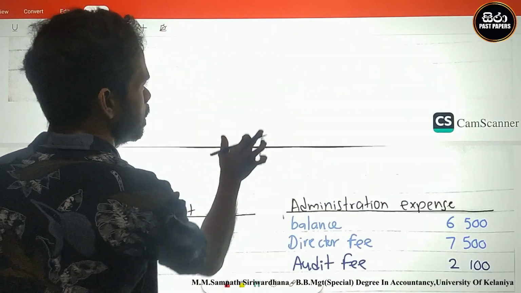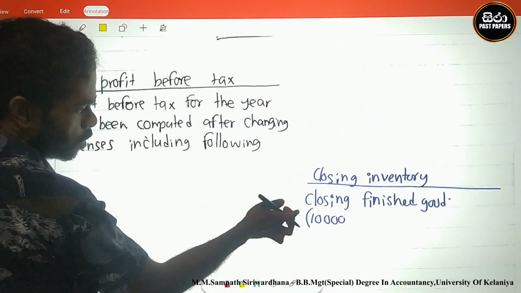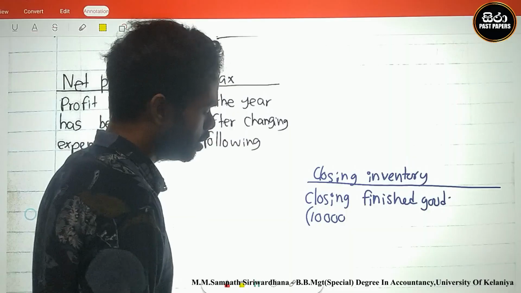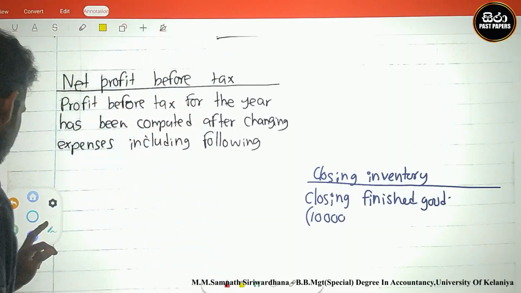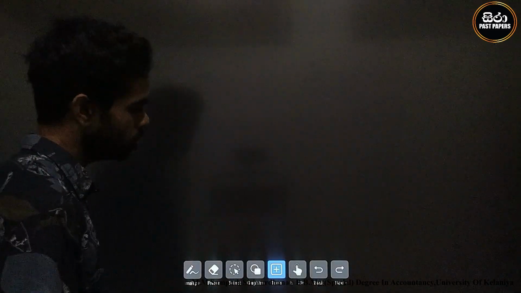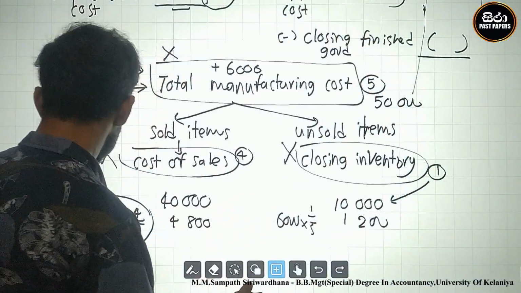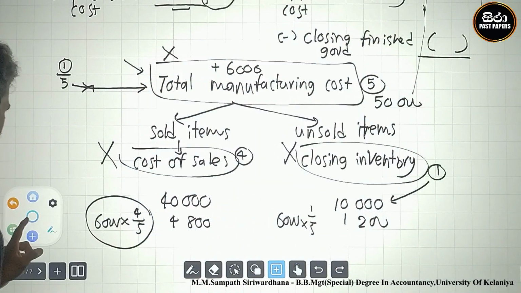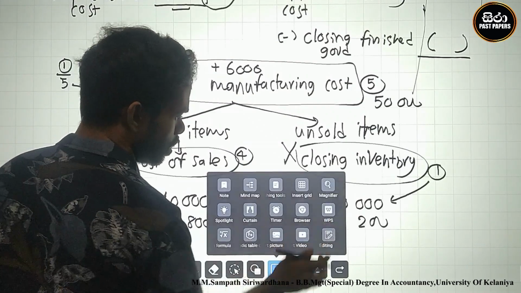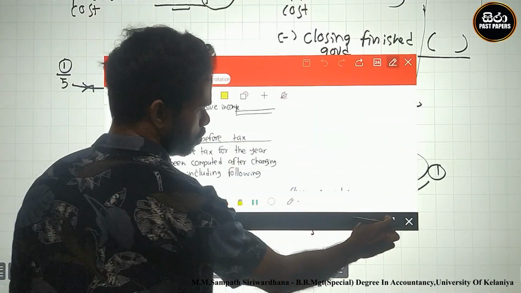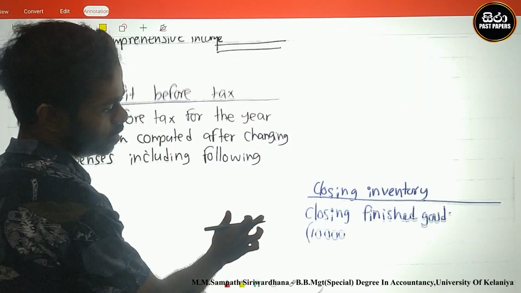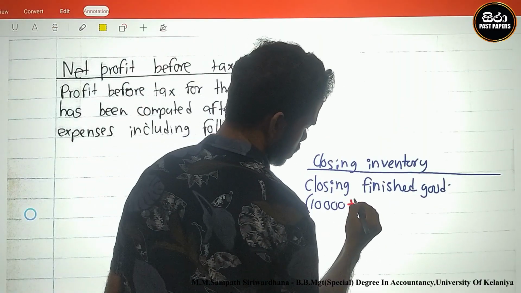Therefore I already identified closing inventory. What is the amount of closing inventory? The 1,200 must be added to closing inventory. Therefore I add 1,200 to finished goods.